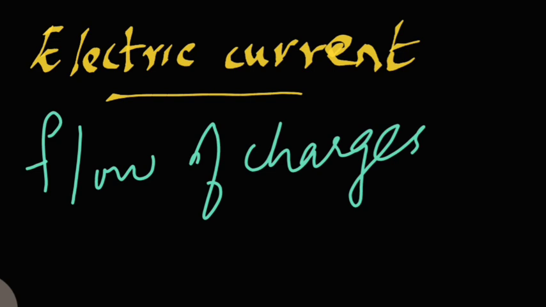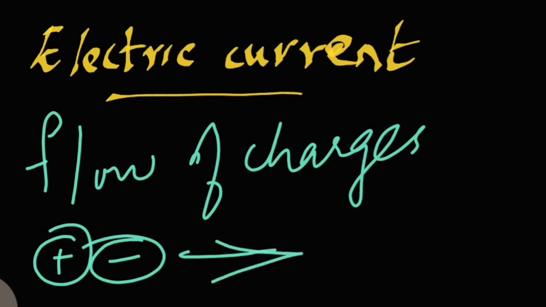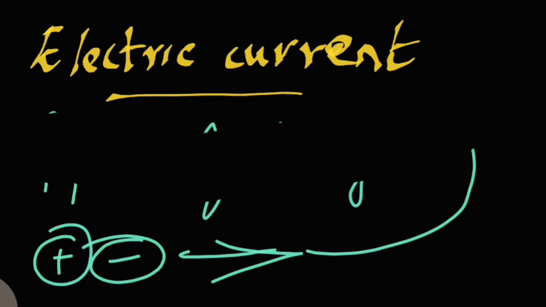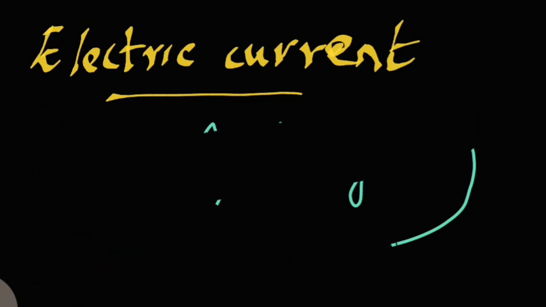So if these charges, positive or negative, are flowing or moving, we can say that an electric current is being produced. So flowing of charge constitutes an electric current.